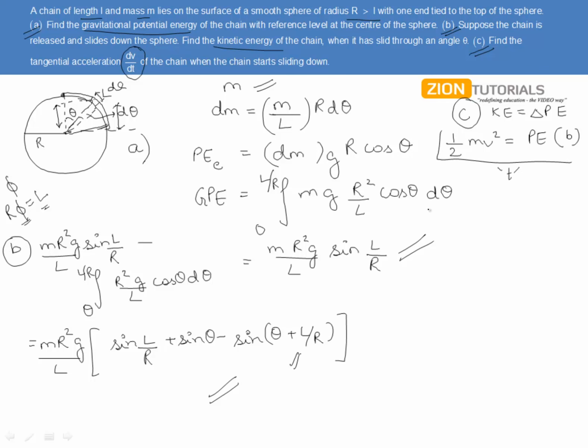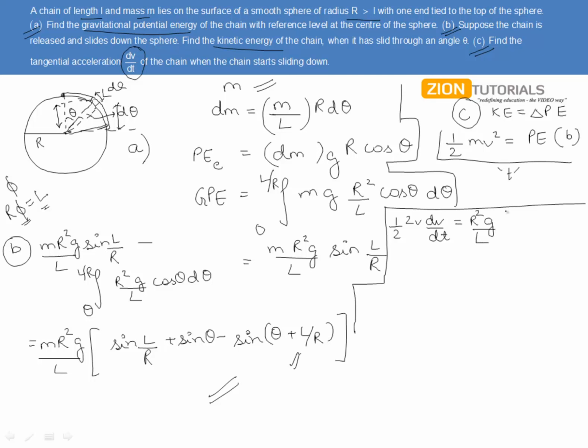Okay, now this is going to give us half into 2v dv by dt equals to r square g by L into cos theta into d theta by dt minus cos theta plus L by r into d theta by dt, right?